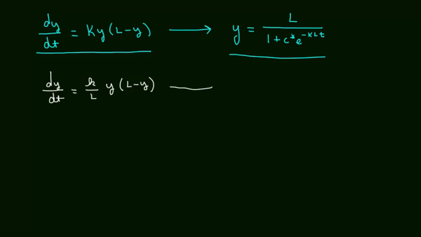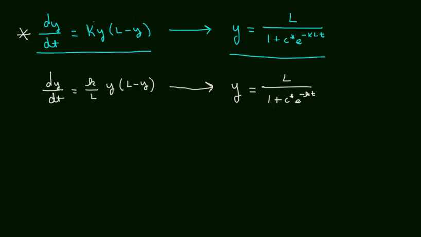And that then leads to this, which is y equals L over 1 plus c star e to the negative little k t. I really do believe that my way is better, and I'm not just being pompous here.